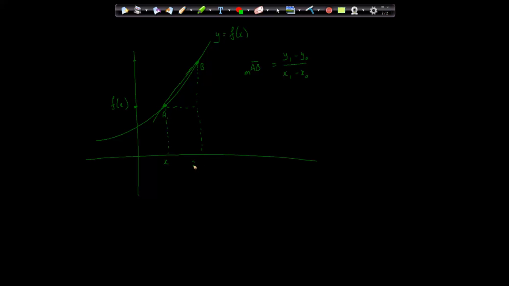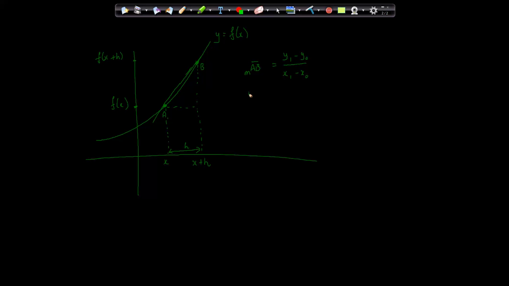And let's call this x plus h, where h is that distance between here and there. And so this point here would have a y value of f(x plus h). So put x plus h into the function, calculate the y value, so that's what that is.